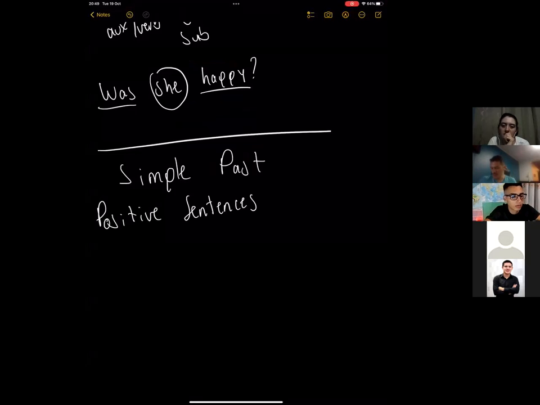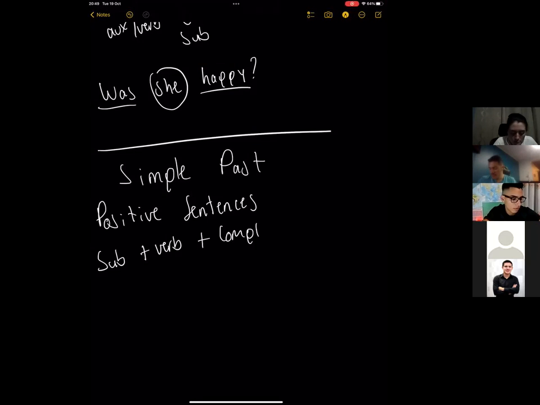First of all, positive sentences. We're going to have a subject plus a verb. It can be any verb, and the complement. Super simple. Very important: the verb needs to have ed at the end.